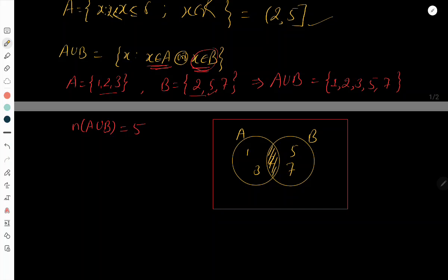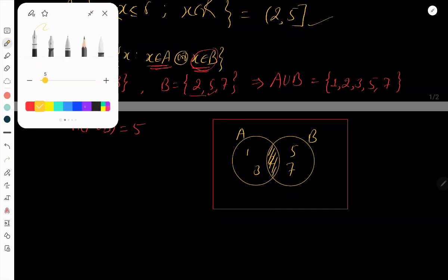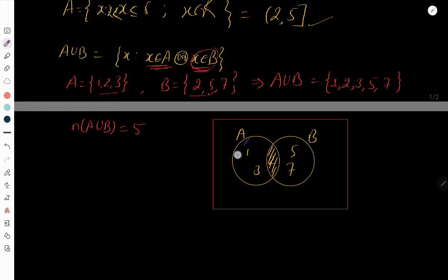In the intersection, the remaining elements, 1 and 3, are only in set A, and 5 and 7 only in set B. So actually A union B is the total, because either in A or in B means only in A, only in B, and those elements which are in both A and B as well. And means common, or means union.